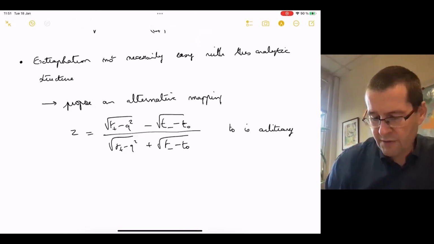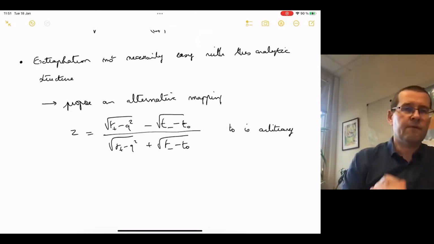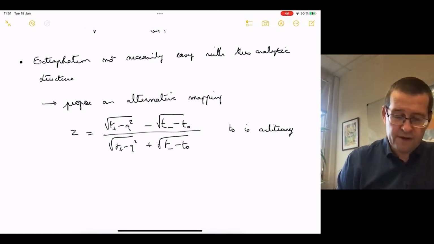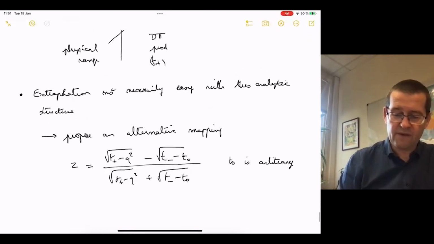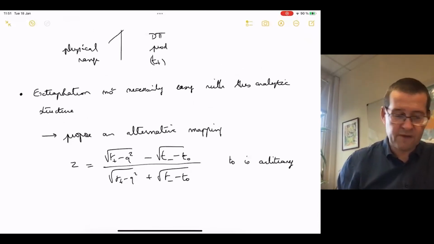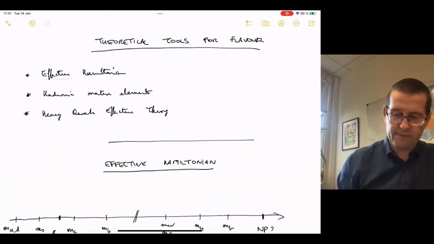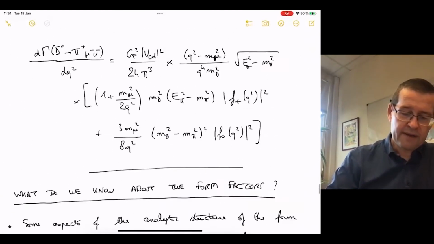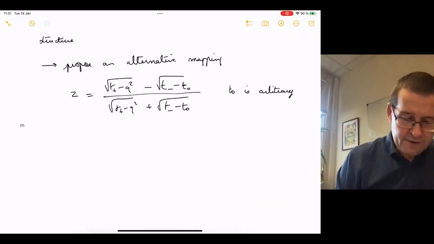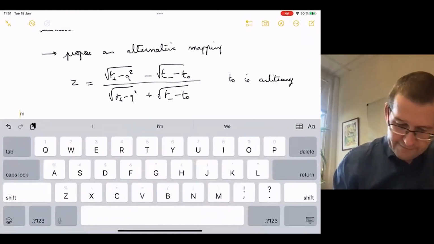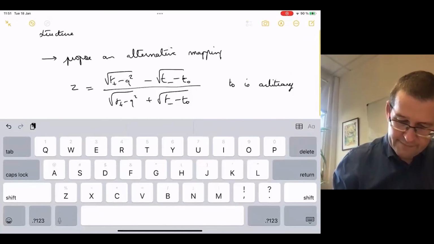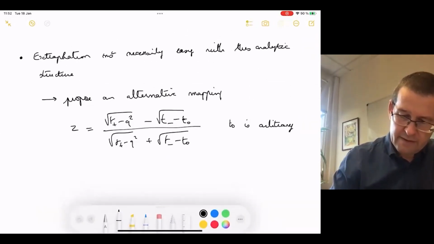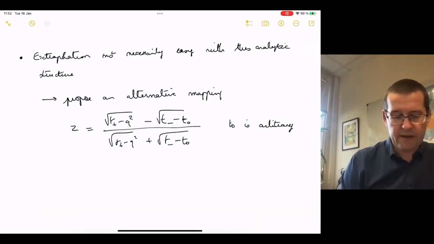It can be tuned based on various physics considerations. But the point is that this definition of z will actually lead to a mapping of the plane.